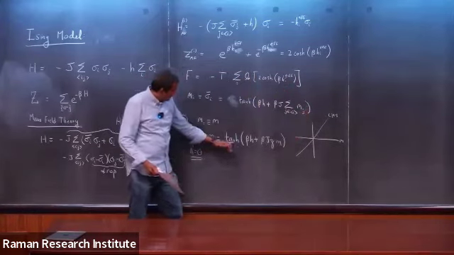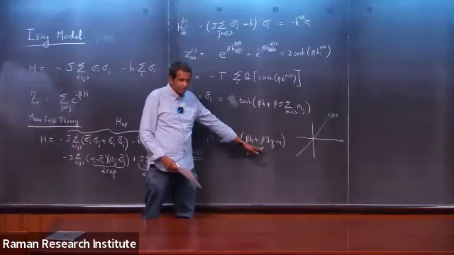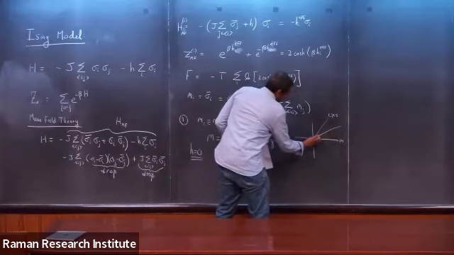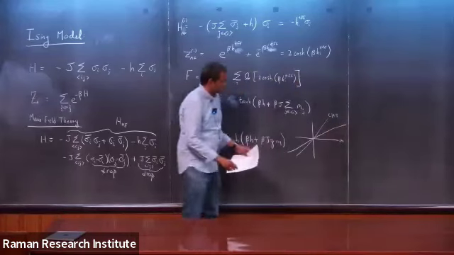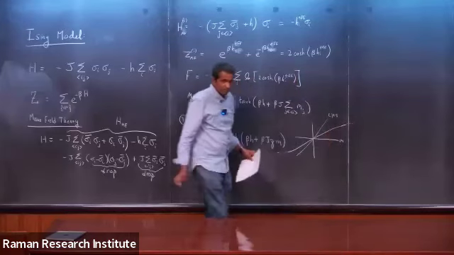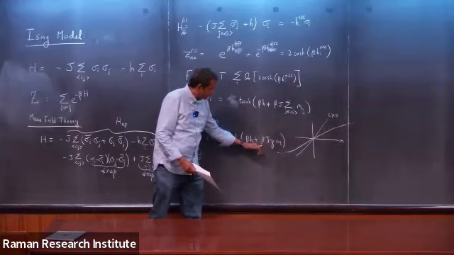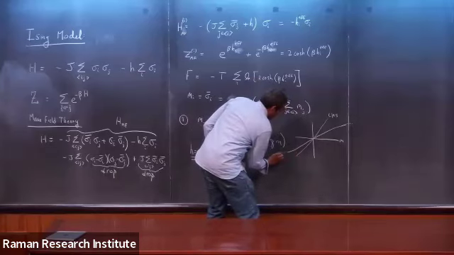If I draw the right-hand side as a function of M, then it does depend on temperature. If I'm at very high temperature, this function looks something like this. It's eventually going to go to 1, but at sufficiently large values of the magnetization it will saturate, like the tanh. But if I am at large values of beta, or at low temperatures, then this function is going to look sharper.